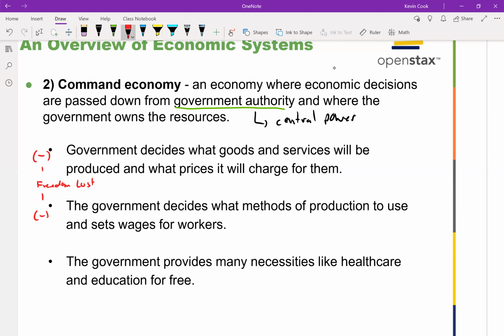The potential upside, and I say potential because it could depend on how you look at it, is that this government or this central power provides goods, health, education, maybe other stuff for no charge or for your taxes. I hate this word in econ in general, and we'll see this next week.